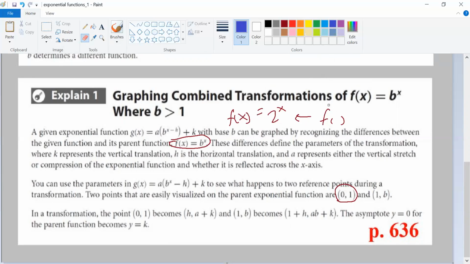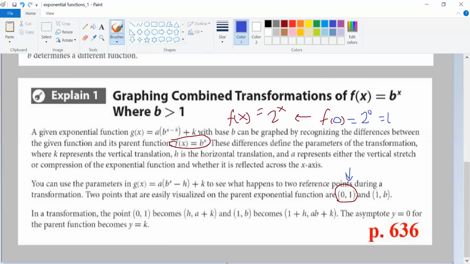Let's say that was f of 0. That would be 2 to the 0 power, and anything to the 0 power is 1. That's where this critical value comes from.